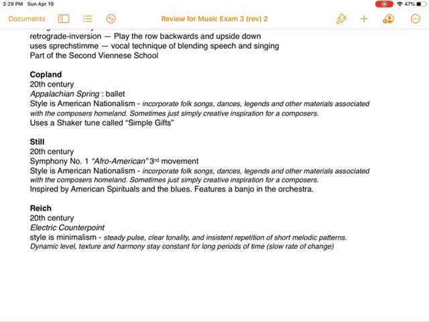So he's drawing on American spirituals and other styles of music that are uniquely African American, like the blues, like jazz. He even features the banjo, which was an instrument based on an African instrument.